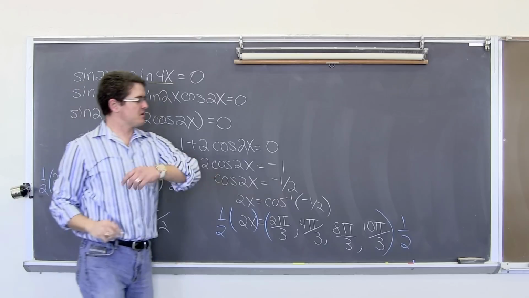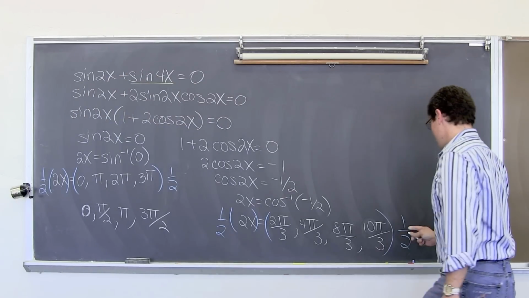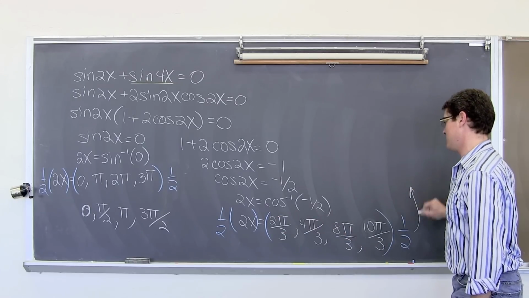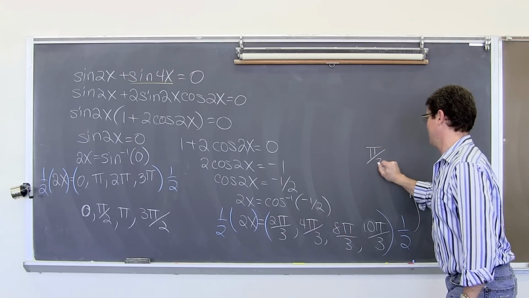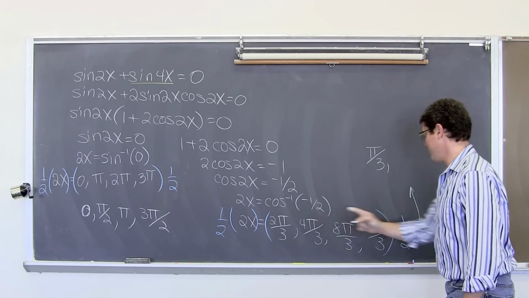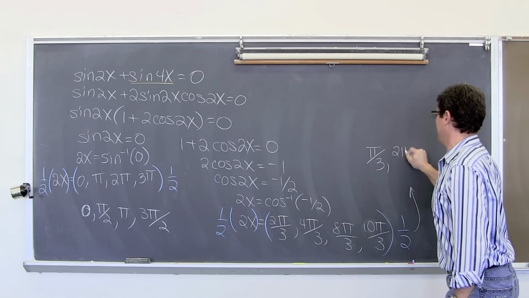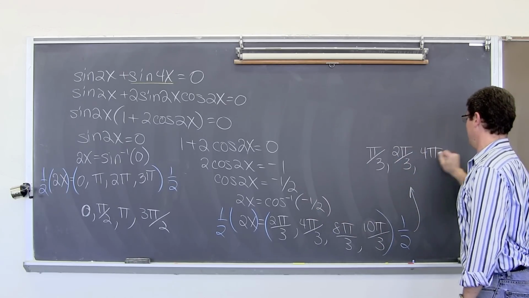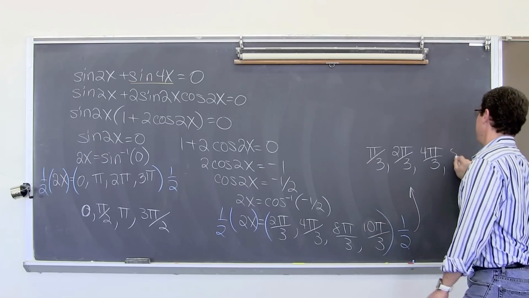And from this factor, we get 1/2 of 2 pi over 3 is pi over 3. And 1/2 of 4 is 2, so 2 pi over 3. And 4 pi over 3. And 5 pi over 3.